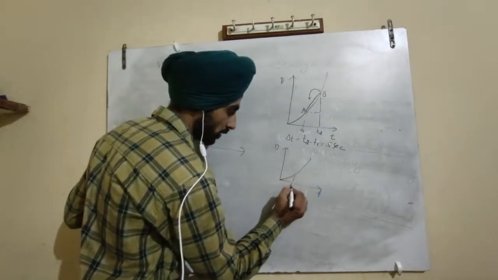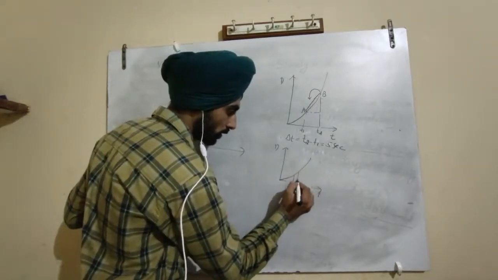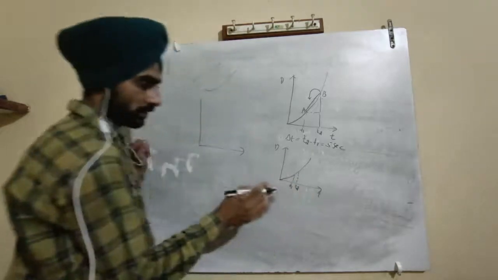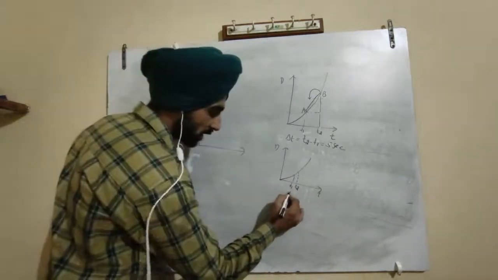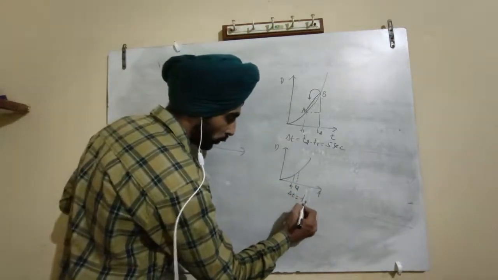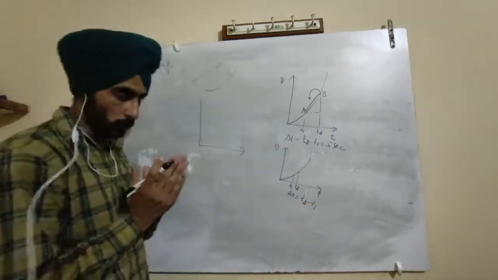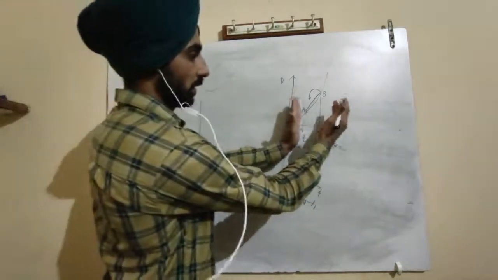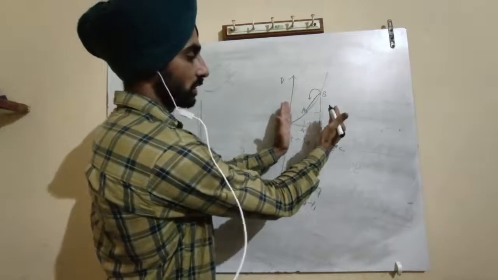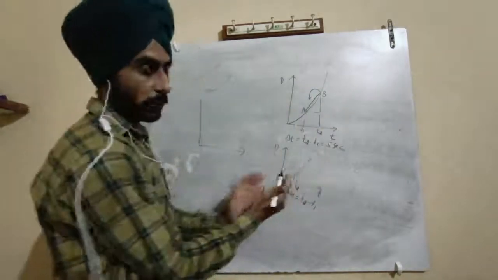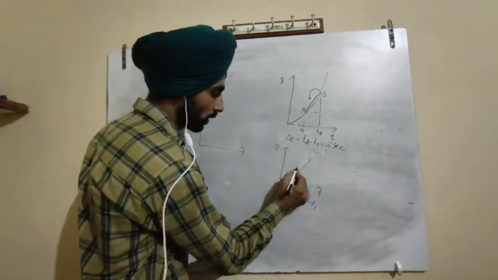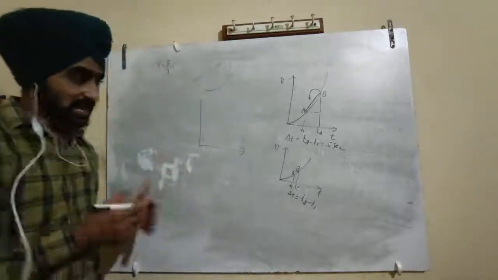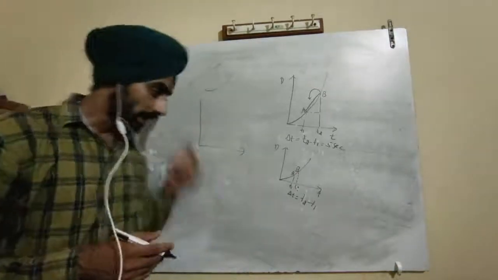This is T1 and suppose this is T2. Now in this case, change in time, that means delta T, that means T2 minus T1, has reduced. Now B has started coming near to the point A.